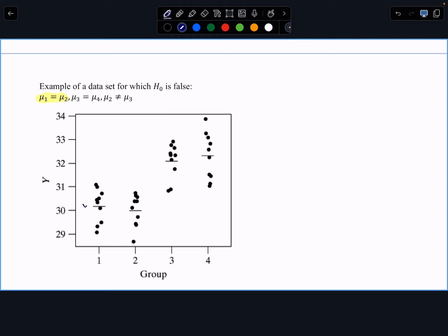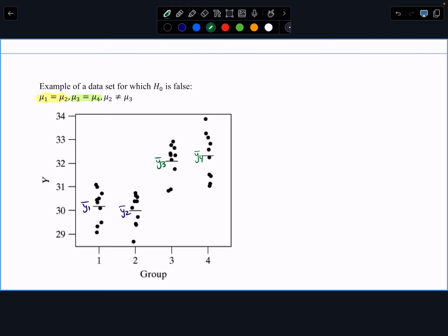So it makes sense. So this is y bar 1, this is y bar 2. All right, we also simulated this, so mu 3 would be equal to mu 4. And in our sample, we see y bar 3 pretty close in value compared to y bar 4.